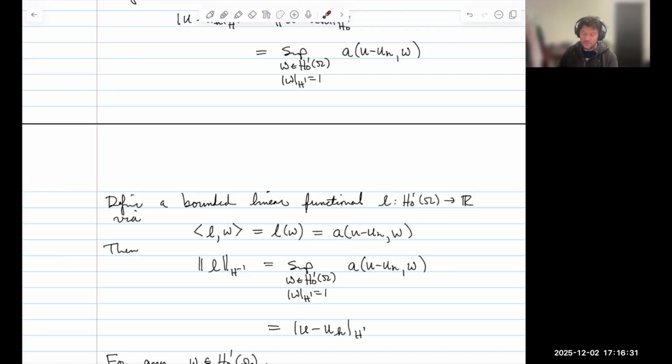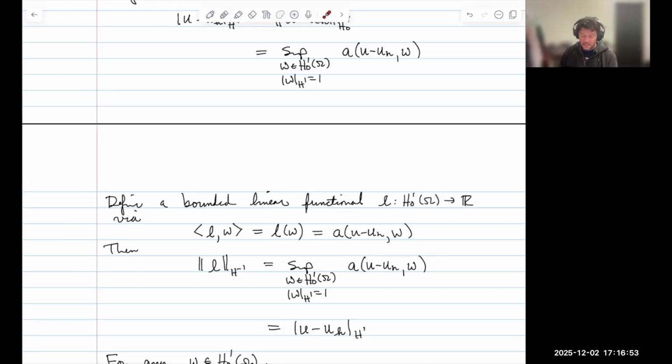It's pretty easy to show that it's linear. If I make a linear combination of objects in the second location, I get linearity. It's also bounded. In fact, I can compute very tightly the size of the norm of L.